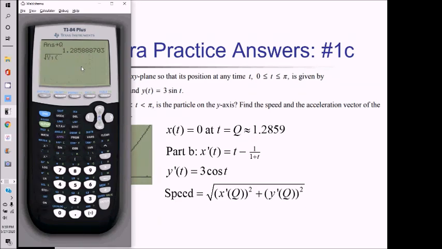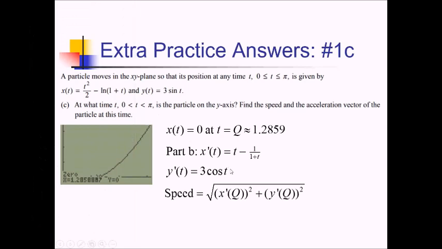X prime of q, so alpha q, and now I'm going to square that, and I'll add that to y prime of q squared, so alpha trace y4 is where I put y prime, and we'll do alpha q in there, square that, press enter, hope for the best, and we end up with 1.196. Doesn't look like they had any units here, so we don't have to give them any units.